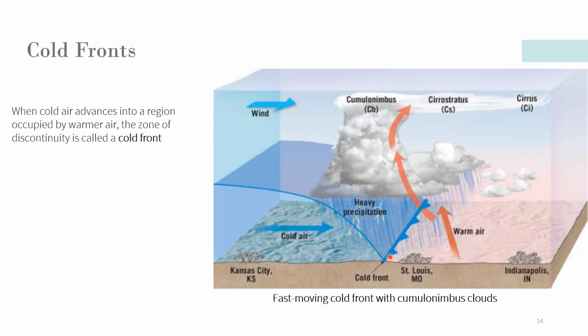Because of surface friction, the cold air near the ground advances more slowly than the air above it. As a result, cold fronts steepen as they move.